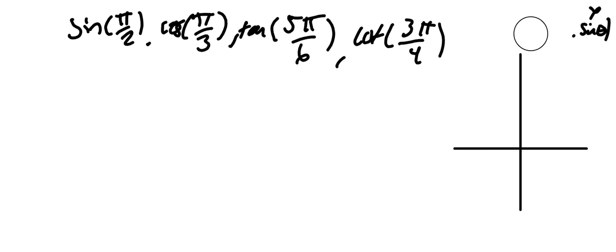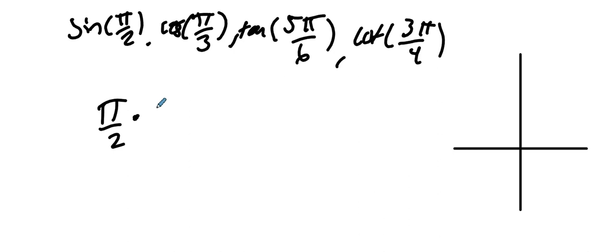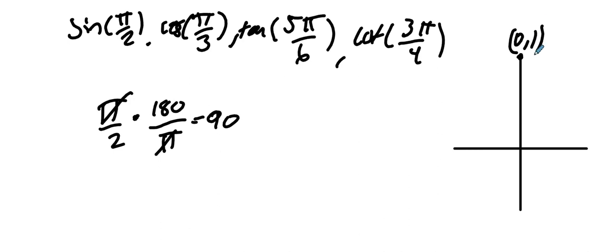Pi over 2, to convert it to degrees, we multiply by 180 over pi. The pi's cancel, and 180 over 2 is equal to 90. 90 degrees is right here, which is (0, 1). And as you can see, sine of theta, which is the y value, is 1. So sine of pi over 2 is 1.